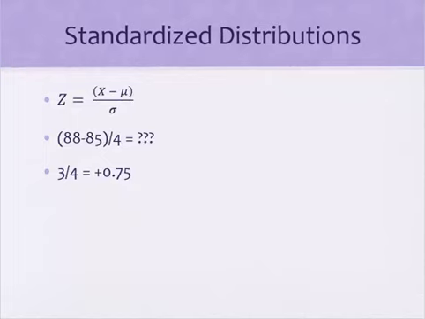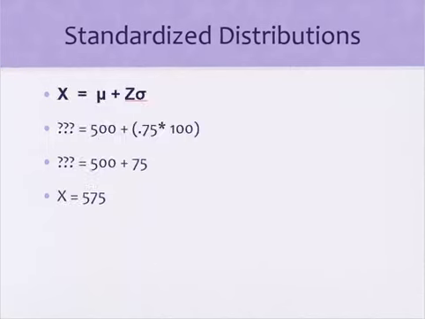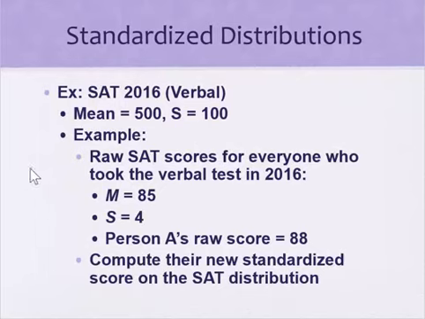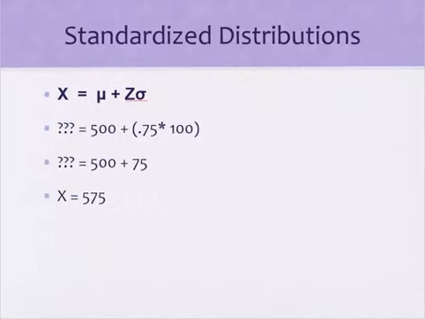Now remember, we have to figure out where that z-score will fit into this new distribution that has a mean of 500 and a standard deviation of 100. So we can use the z-score, use this new mean that SAT created, and use this new standard deviation that SAT created in order to compute what a z-score of plus 0.75 would be for the new distribution.